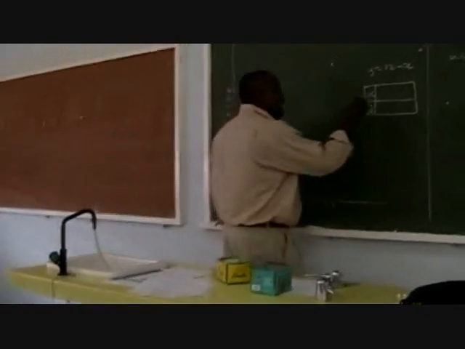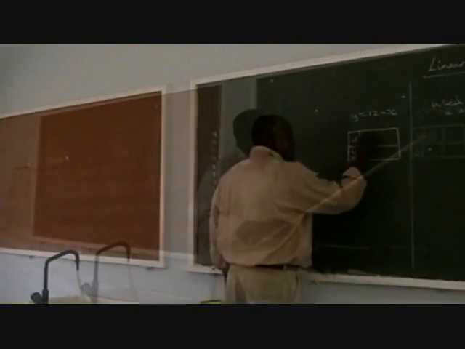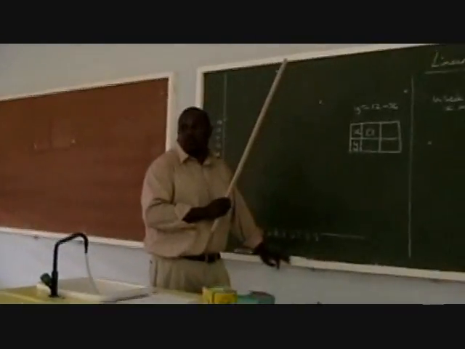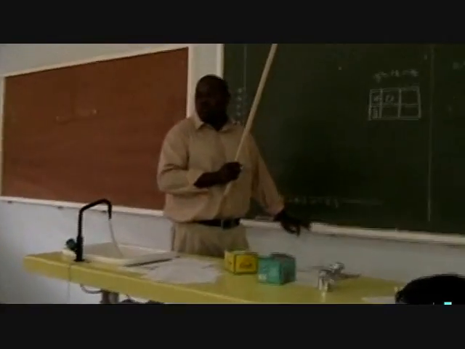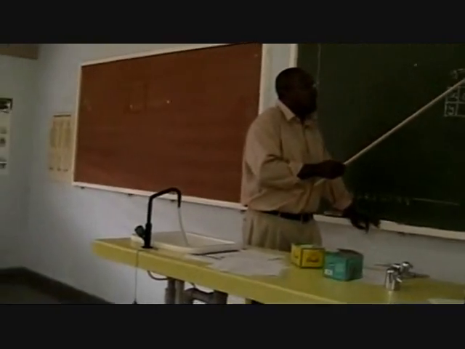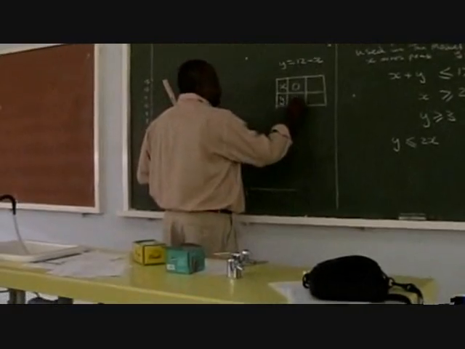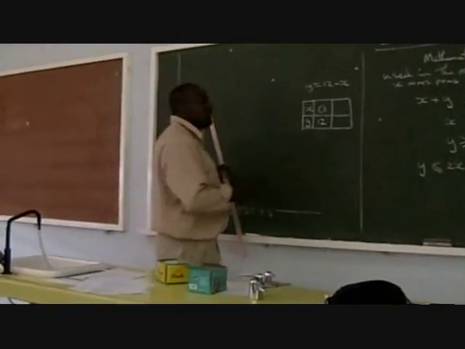If I were to assign a value of 0 to x, what would be the value of y? 12. The value of y will be 12, because we will have 12 minus 0 is 12. If I were to assign a value of 12 to x, what would be the value of y? 0 is correct, because we have y is equal to 12 minus 12, which is 0.